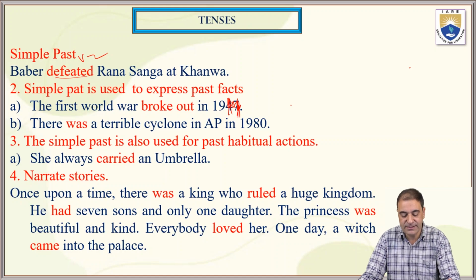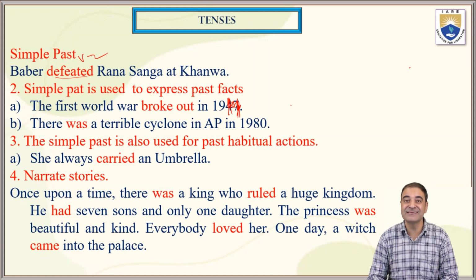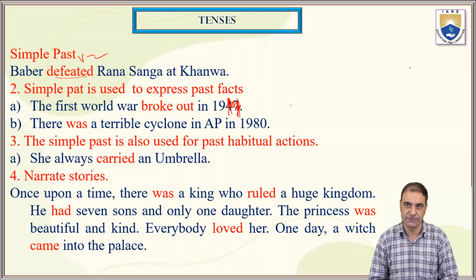And the next one is that simple past is also used for habitual actions, but to be more exact, discontinued habitual actions or discontinued habits. We use this simple past for discontinued habits, like "She always carried an umbrella." Or for that matter, "She used to talk about films."